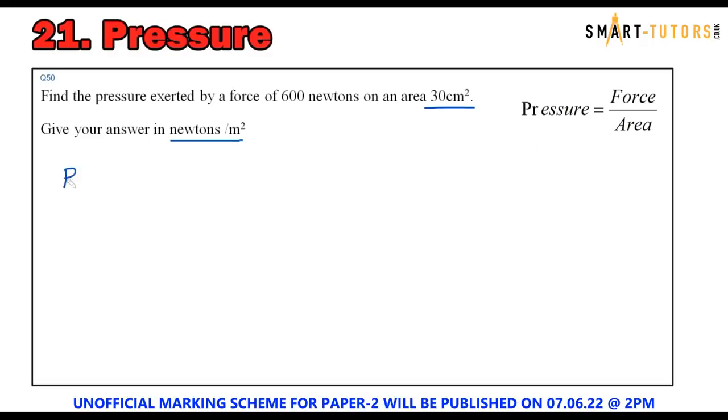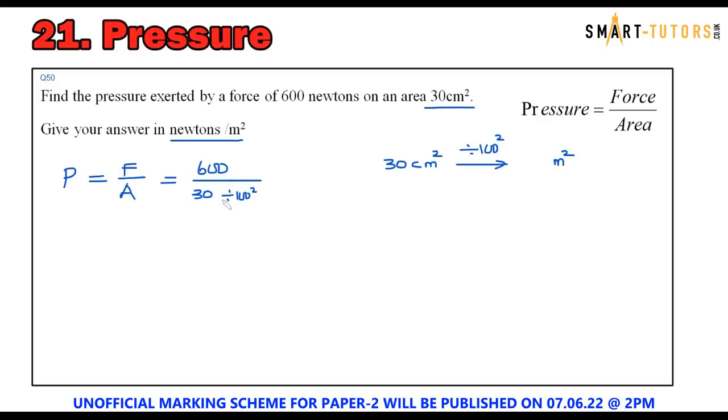The pressure equation is already given, which is force over area, and force is 600 newtons over area 30 centimeters squared. So again, I'm going to help you. 30 centimeters squared, we are going to convert to meters squared, divide by 100 squared. So 30 divided by 100 squared.